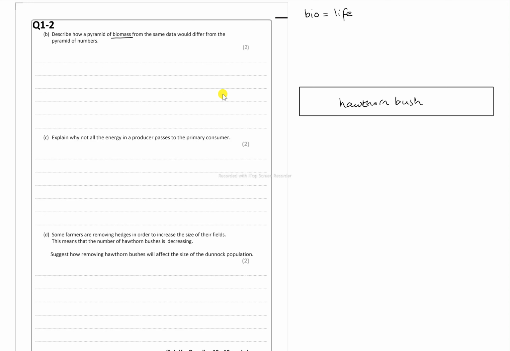Then you've got, that's the mass. There'll be loads of them. And then you've got, right, so you've got the mass of the hawthorn bush, then you've got the mass of caterpillars, and then you've got the mass of what comes after that.